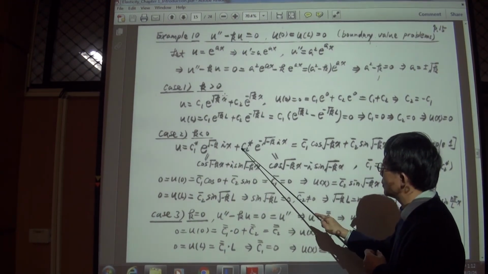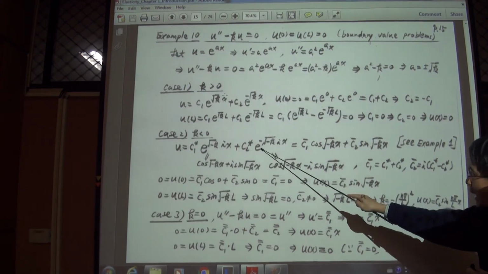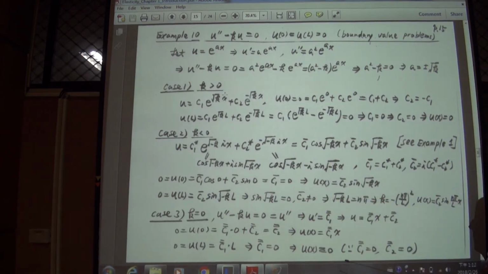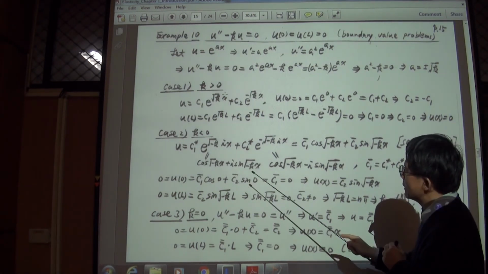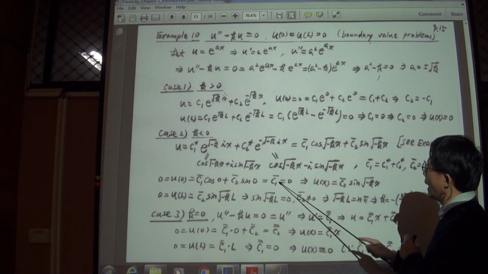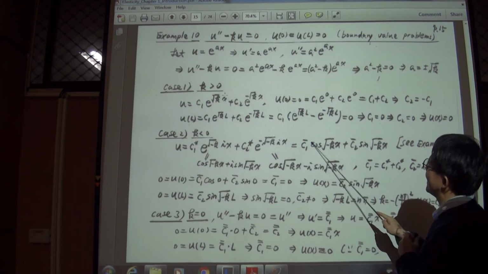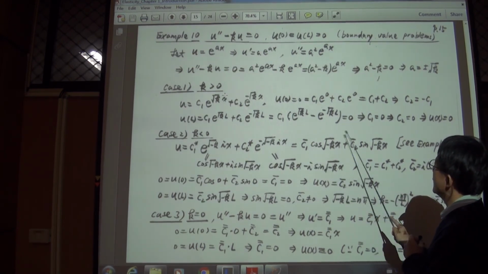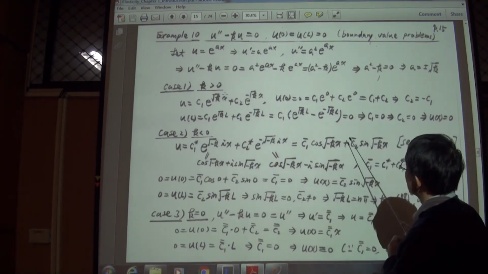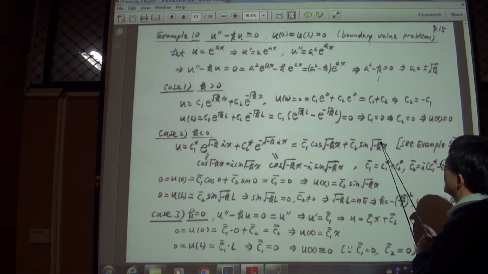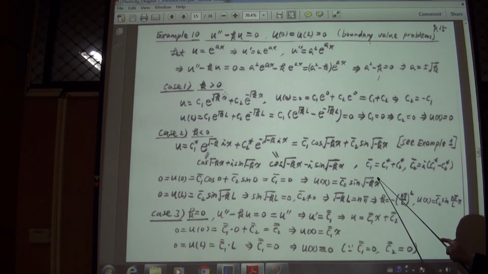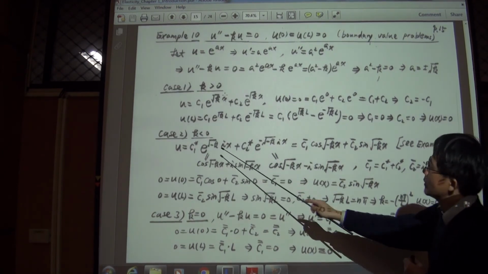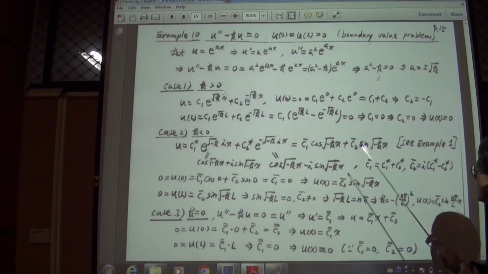U equals C2 bar only, times the exponential term. So, okay, I do it again. C1 bar equals 0, okay? So this one must be equal to 0. So U equals C2 bar times sine of square root of minus k times x, okay? Just like this.